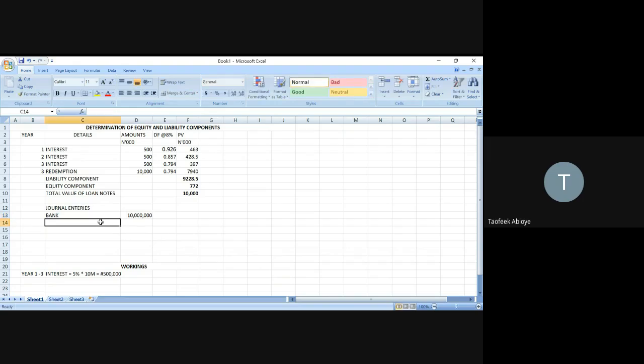Now, what are we going to do? We are going to credit liability. We call it financial liability. How much is it? 9,228,500.